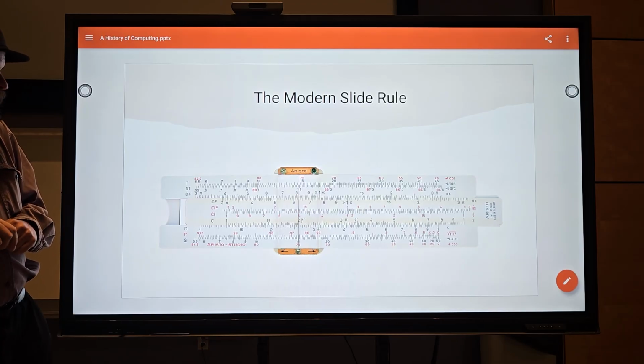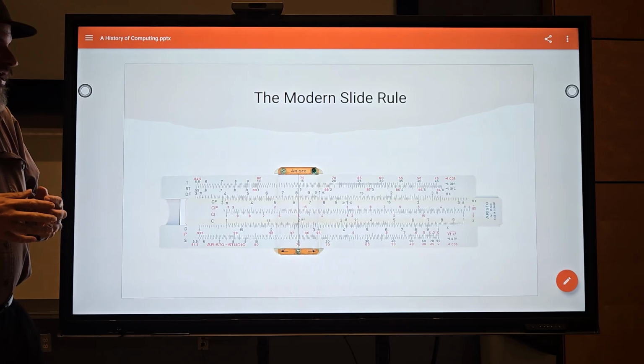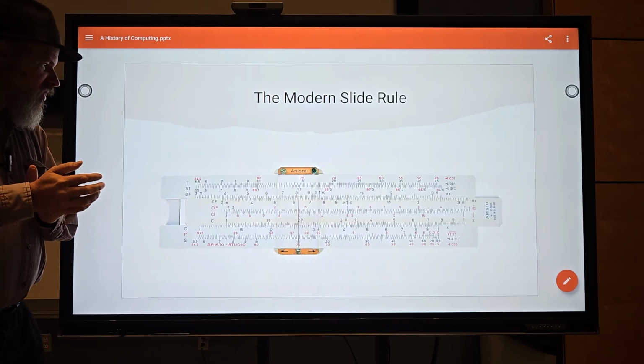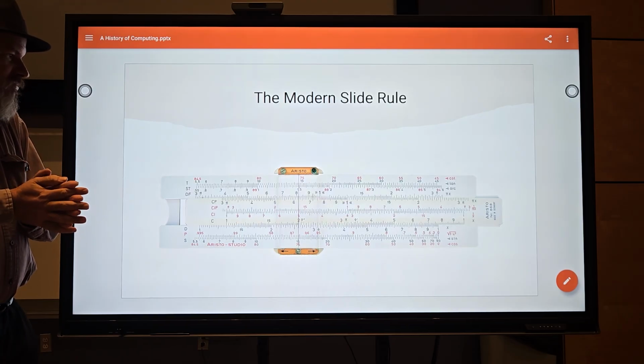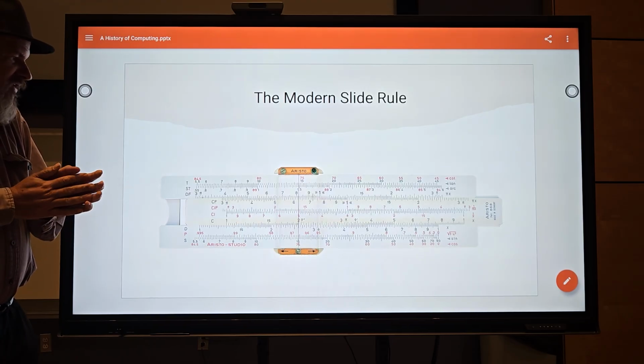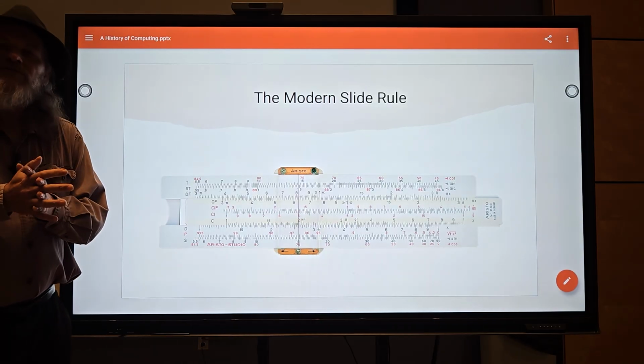But you can use slide rules for doing roots, multiplication, division. Some more advanced ones have some trigonometric functions on them.